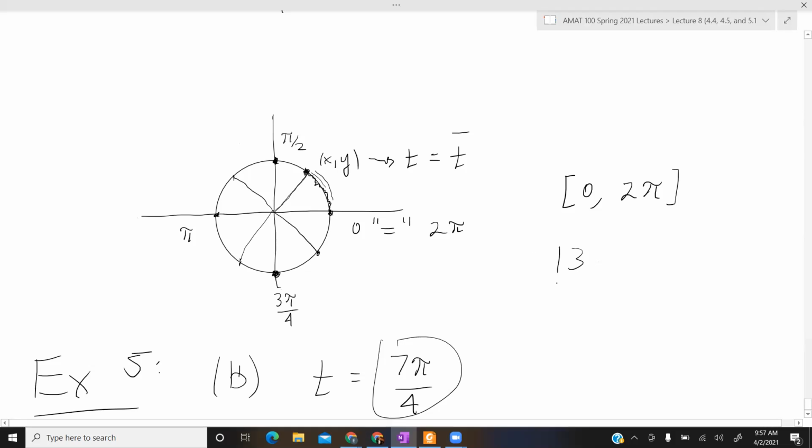You subtract off 12. But what you're really doing is saying 13 equals 1. So that would be 1 p.m. You're identifying these numbers. You're saying that they represent the same thing. That's what's going on with this.